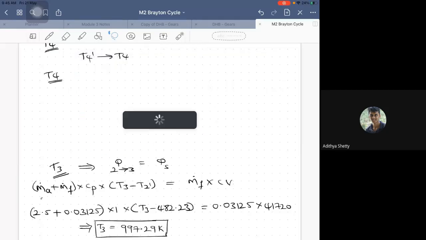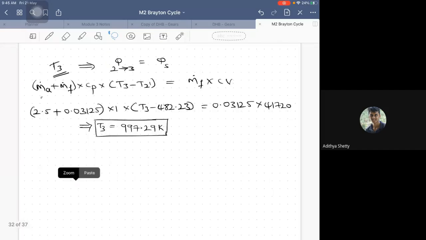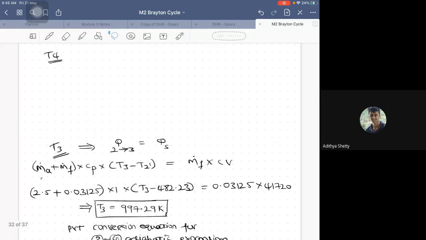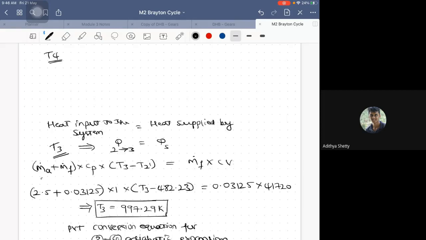Cut, and I will paste it here. Okay. Now, you just write a sentence here: heat input to the system is equal to heat supplied by fuel.